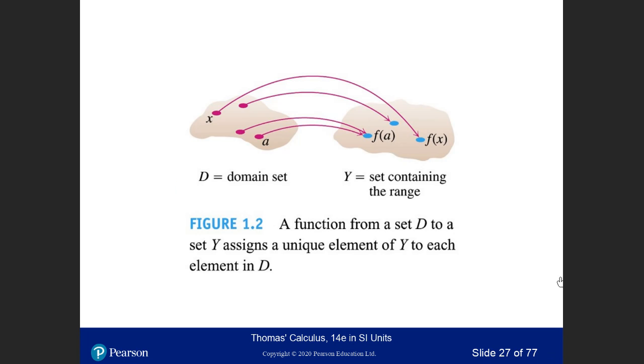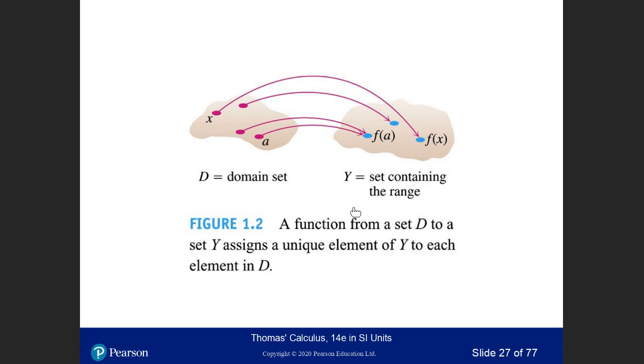Another pictorial representation is this. You have the D, that's the domain set. So D we call the domain of the function. And there's a given x here, and f maps this x to this value, f of x, which is equal to y. There's an a here in the domain, and f maps it to f of a.